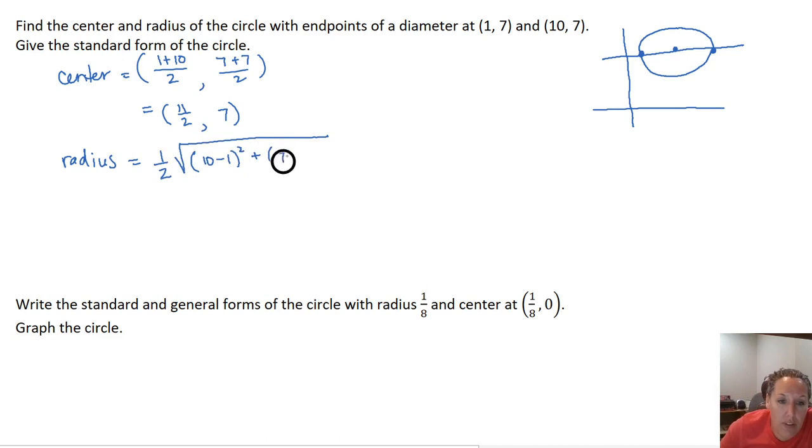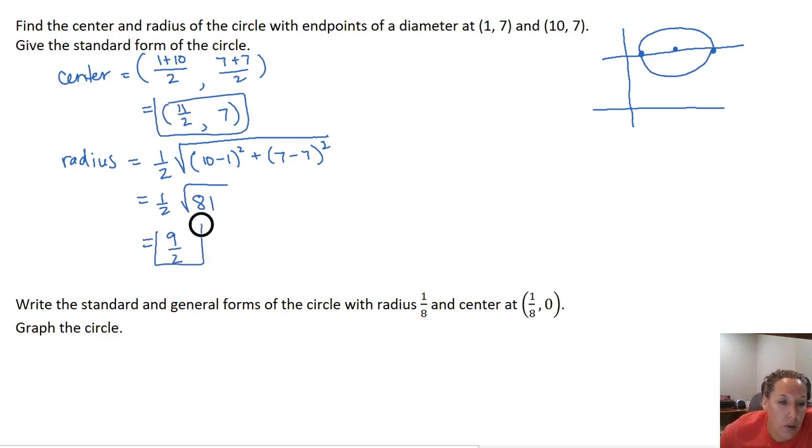Our change in y value is 7 minus 7, and so we get 1/2 times the square root of 9 squared, which is 81, plus 7 minus 7 gives us 0. So we get the square root of 81 times 1/2, which is 9 over 2. So there's our center and our radius.